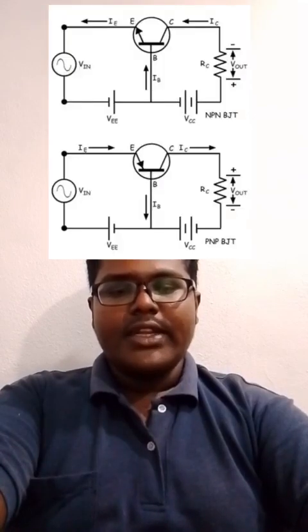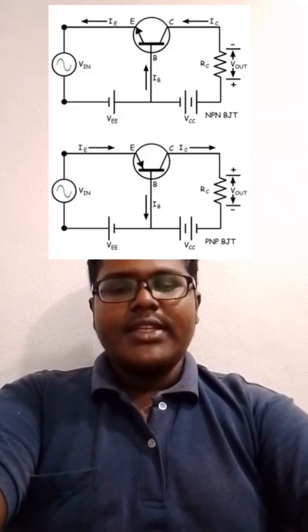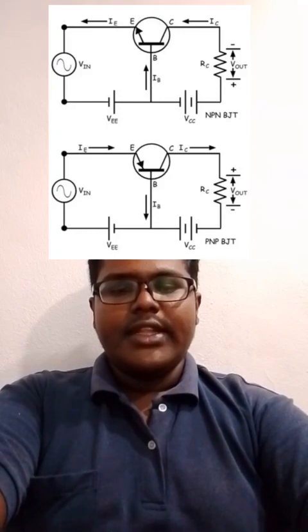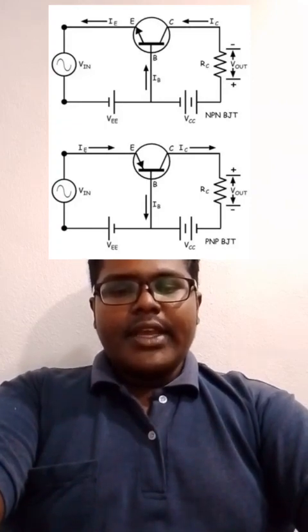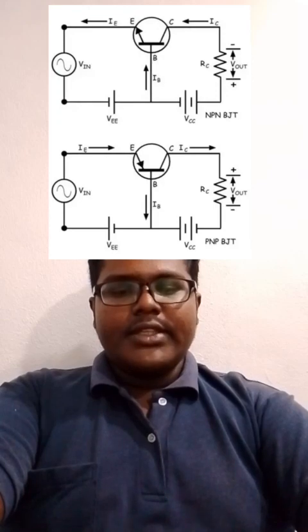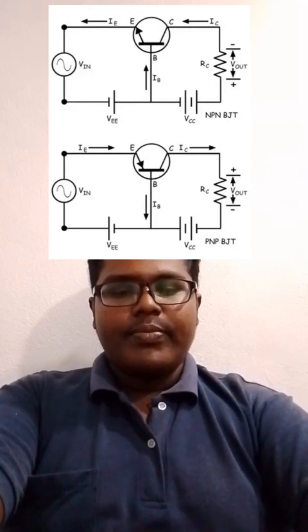The flow of current is from emitter to collector through the PN junctions. Each layer is doped differently, either P-type or N-type semiconductor material. The two types of BJT are NPN, a P-type layer between N-type layers, and PNP, an N-type layer between P-type layers.